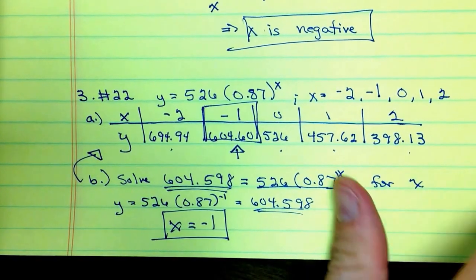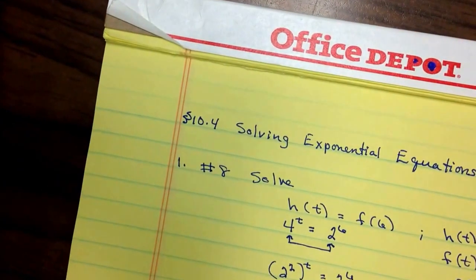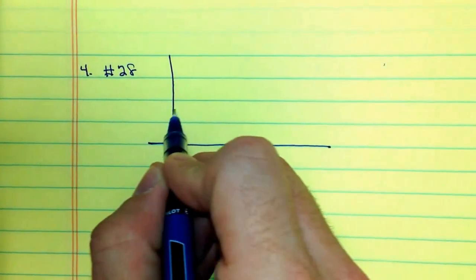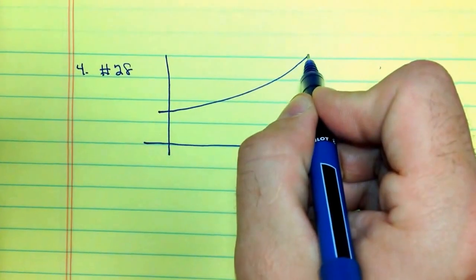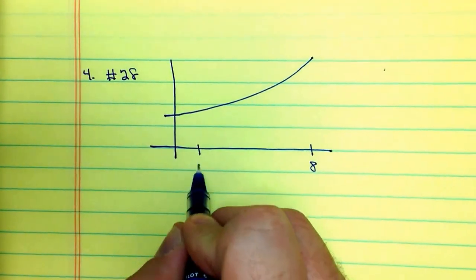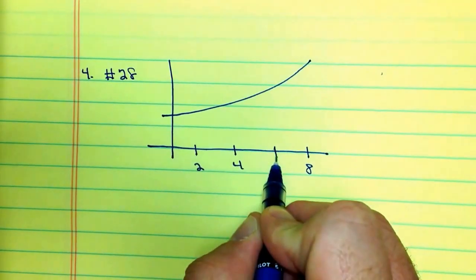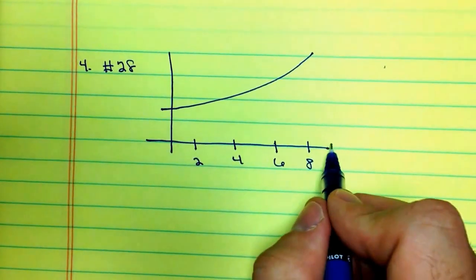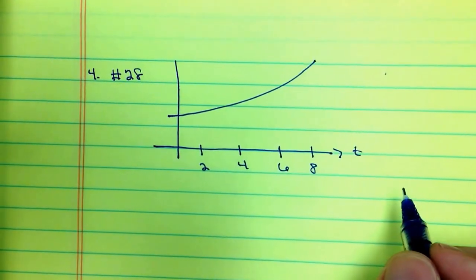So how about we look at 28 now? Let's see, 28 gives you a figure, and it pretty much looks like this. Let me see if I can draw it okay. So the x values, or the t values in this case, 2, 4, 6, and 8.